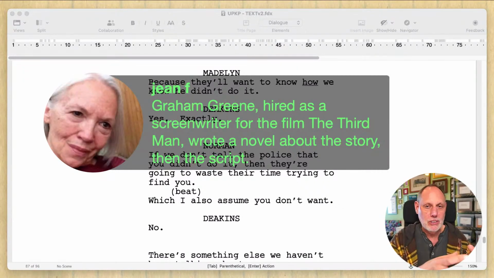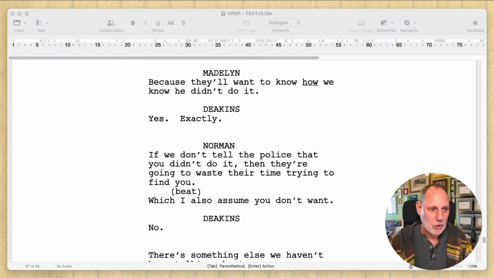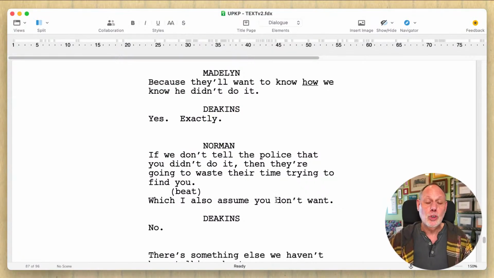Graham Greene's novels are beautiful for that. However, he also did write the novel. Did he write the novel and then the script, or did he actually novelize it after he wrote the script? I never knew that. I just knew that both existed. If you're going to read something, Graham Greene.